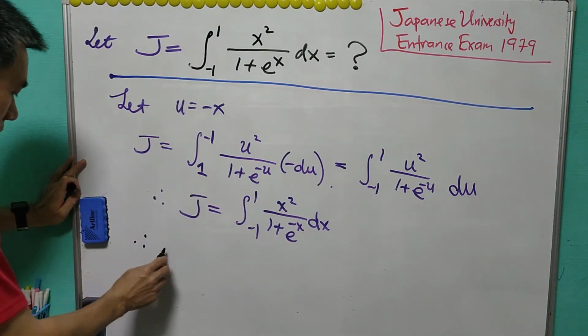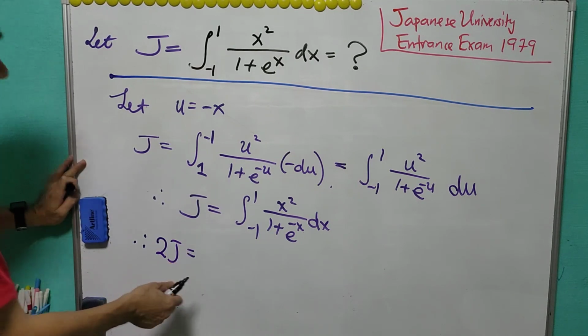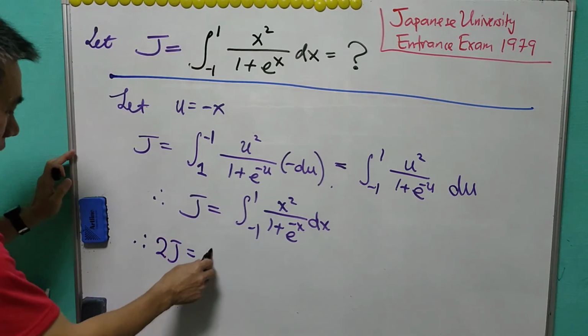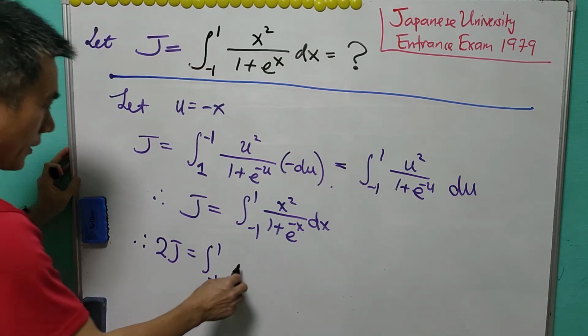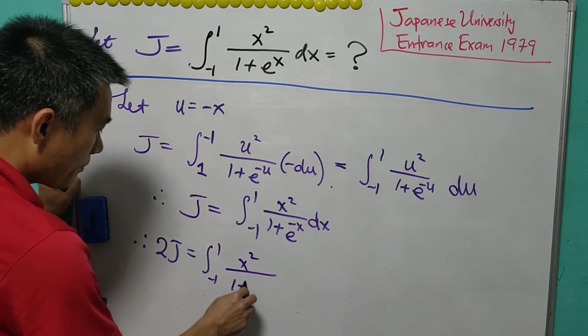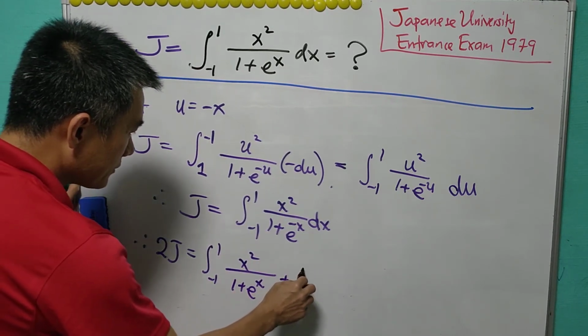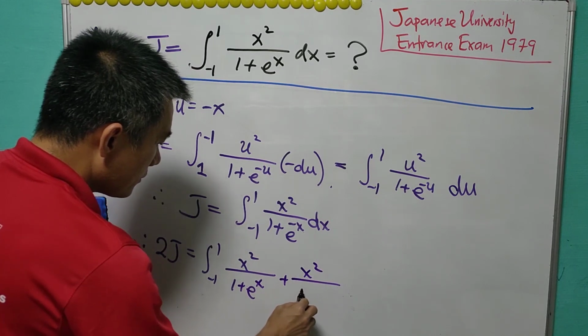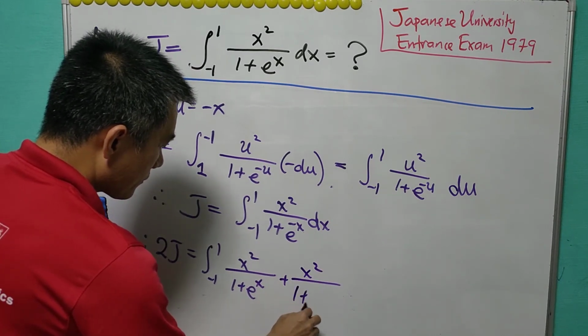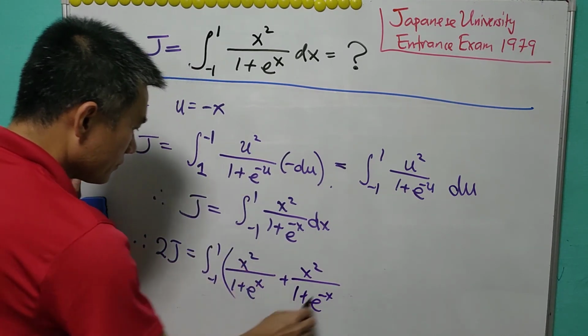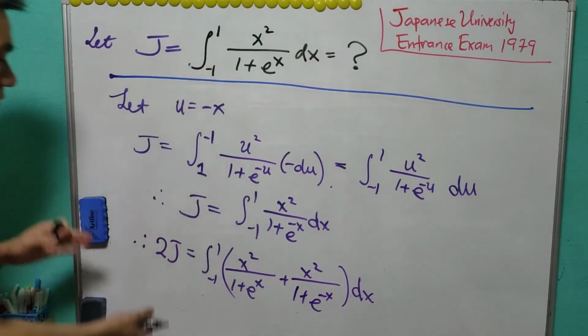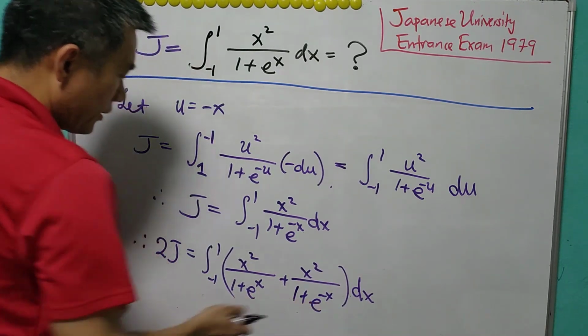And therefore 2J, we can take the sum. It will be the integral from negative 1 to 1 of x squared over 1 plus e^x plus x squared over 1 plus e to the negative x, and therefore 2J will equal to this value.